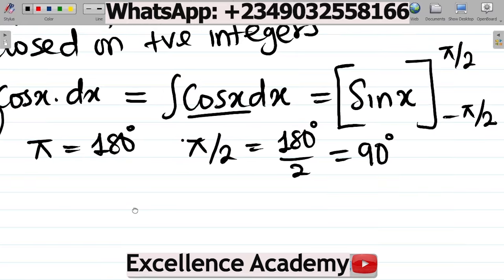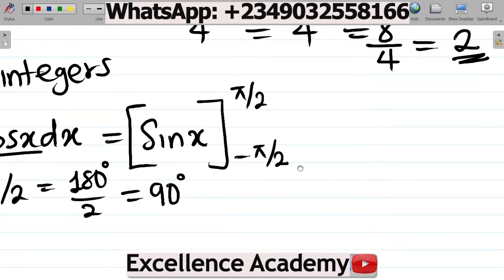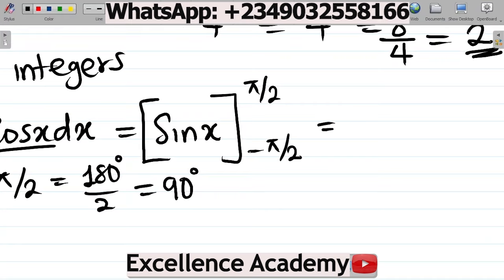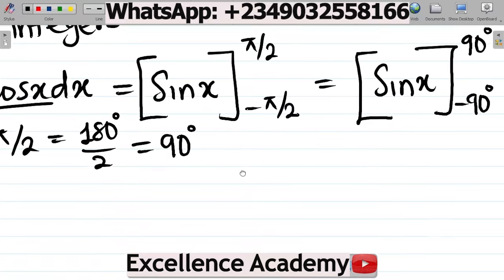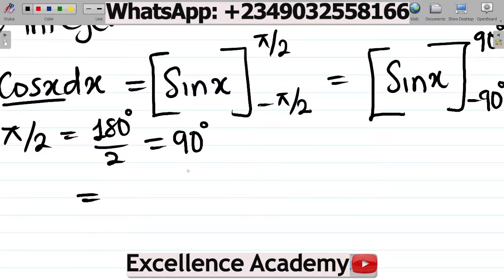So that's 90 degrees. In essence, what we have here becomes equal to the definite integral of sine x with the upper limit 90 degrees and the lower limit minus 90 degrees. So we have this. Let's work on this.